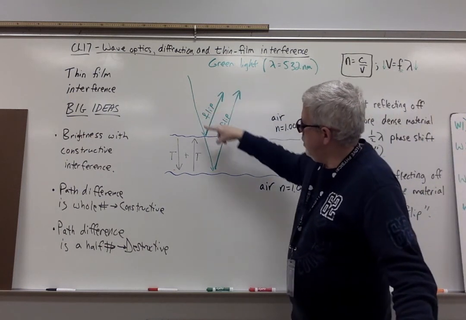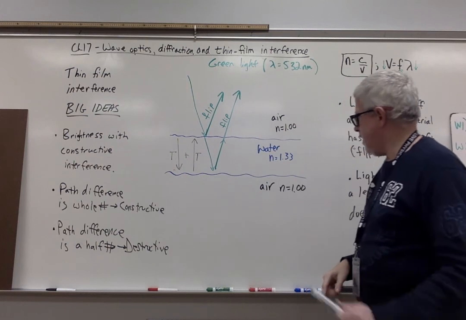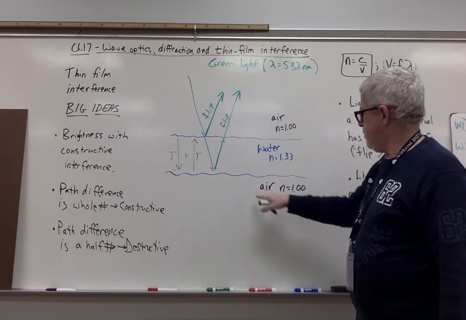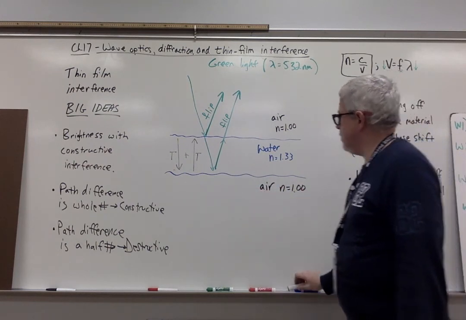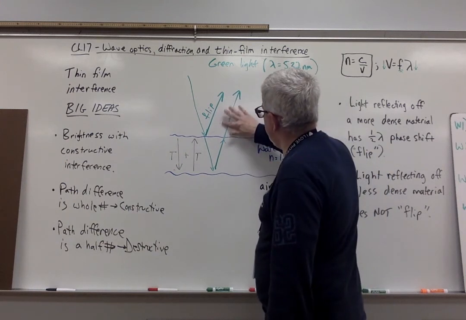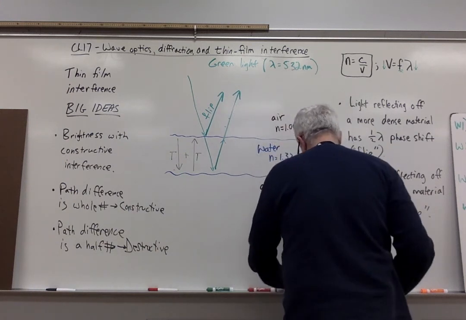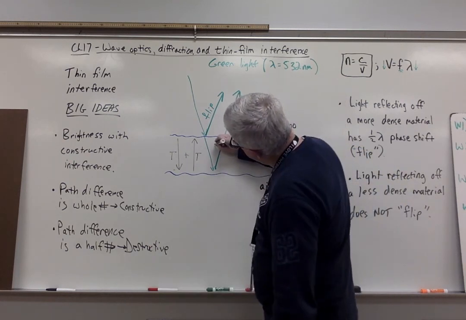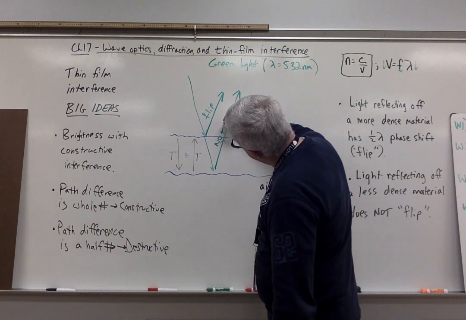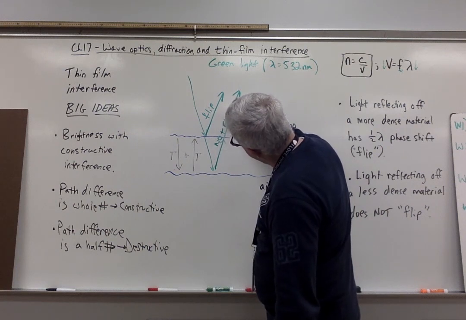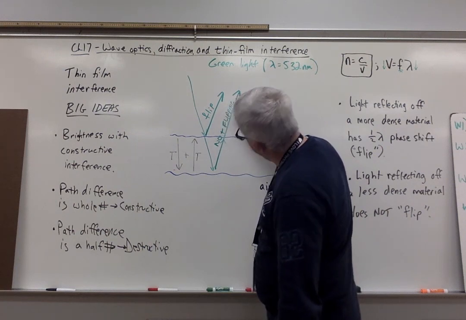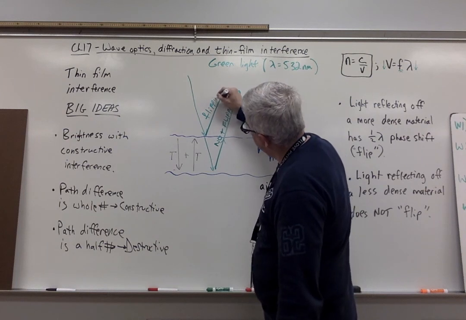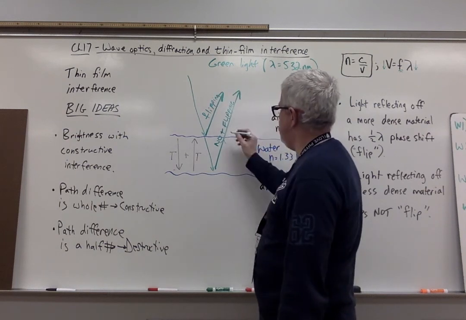But now this one, reflecting off of this air, is reflecting off something that is lower index of refraction. So the light ray will not flip. No flip. And it does not have a phase shift.